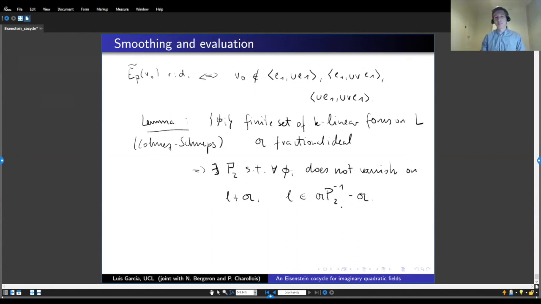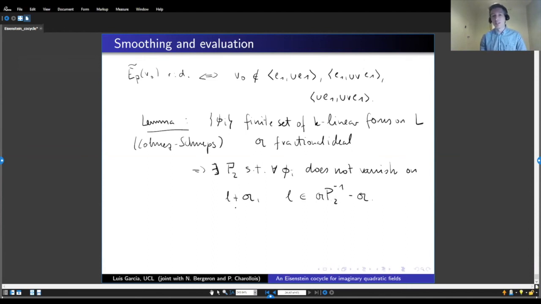So basically, you're trying to evaluate a certain sum over a fractional ideal A, but by introducing this smoothing, you can think of it, using some sort of distribution relation, as a sum over A multiplied by P2, and you're just adding over the non-trivial translates of A by elements of P2.